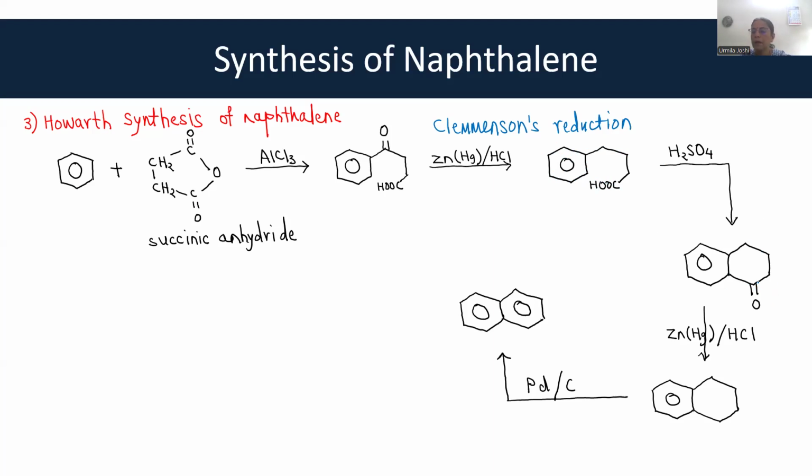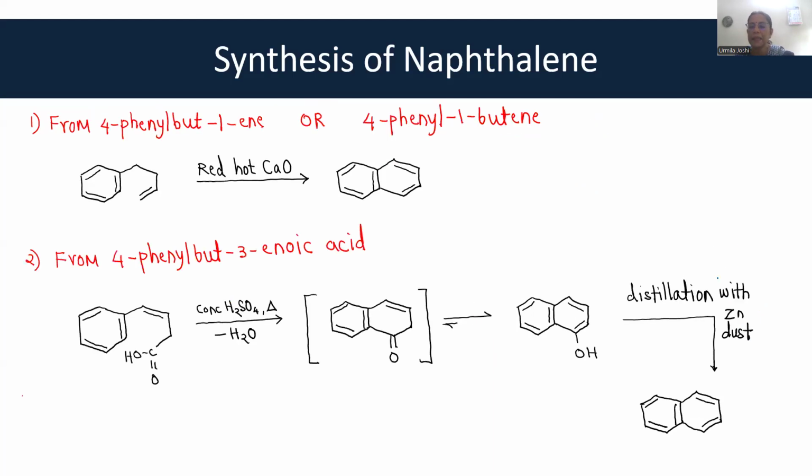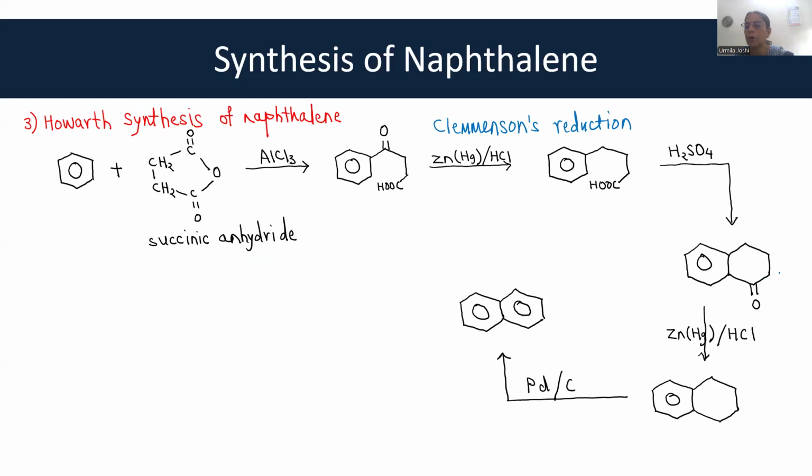Now what do you need? You don't want a carbonyl carbon here. Why? You must be thinking why? Because in the previous example, it was okay. But in the previous example, if you see, there was a double bond over here. And so the keto-enol tautomerism could be shifted to the enol form. Here, there is no double bond. And so we once again do Clemmensen's reduction.